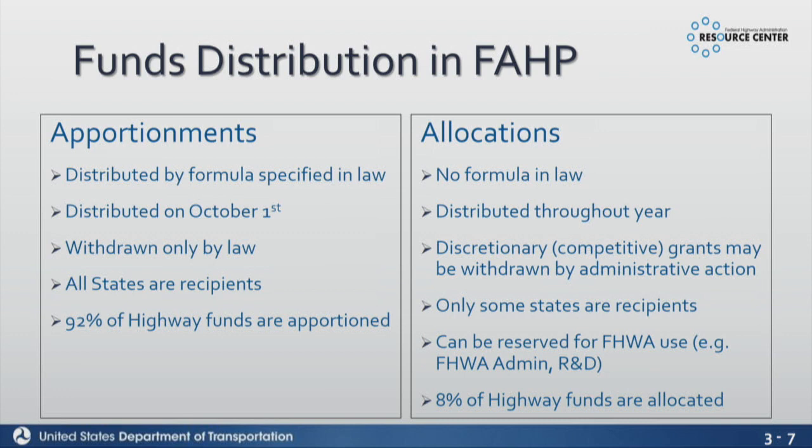So we actually get a portion of it set aside for us too. 8% of the federal highway funds are allocated, but they also carry a larger risk to the federal highway because they are discretionary. There is no formula. They are given for a specific purpose, and so where I was going with my eligible and allowable, and got turned around, they're given to you for a very specific purpose.